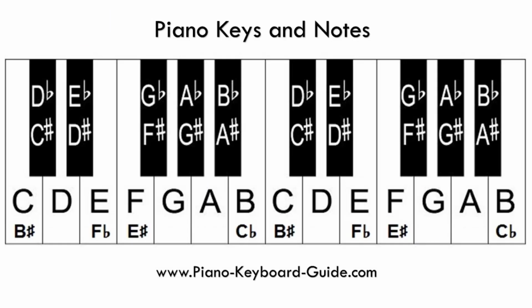Even white keys have enharmonic equivalents. The key that plays C can also play B sharp. Yes, B sharp, since B sharp is one half step higher than B. The piano key that plays F can also play E sharp, since E sharp is one half step higher than E. And beginners often wonder whether there is an E sharp.